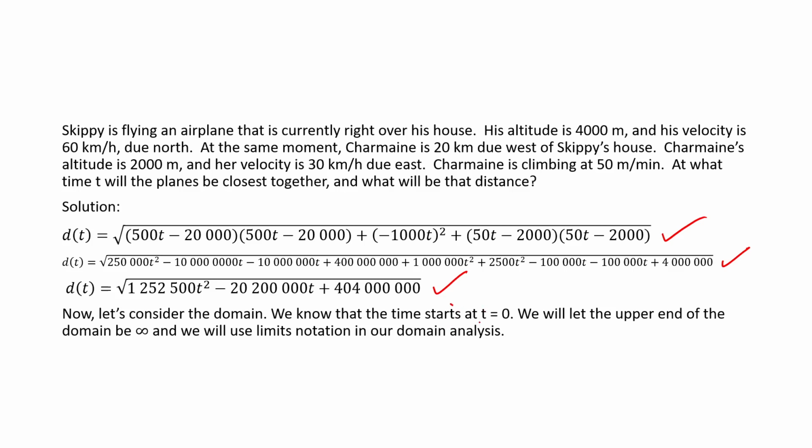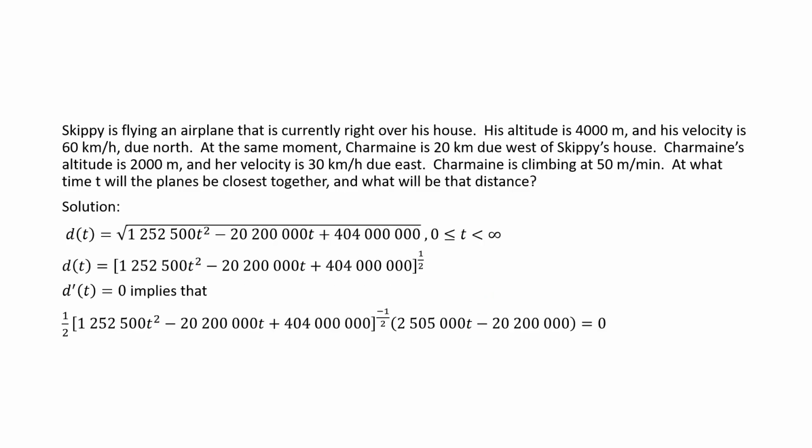Now, we're not going to actually do a domain analysis in this video, so we'll ignore this domain right here. And what we're going to do is just say we have a distance formula given here, converting it to a form where it'll be a little bit more convenient to do the power rule.